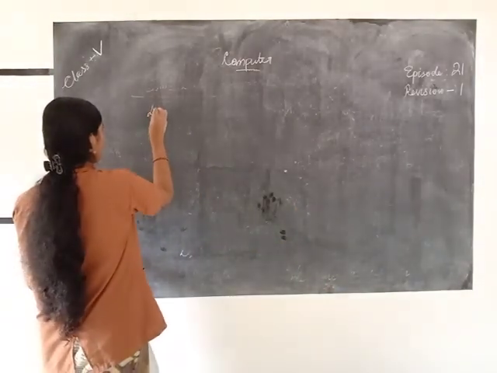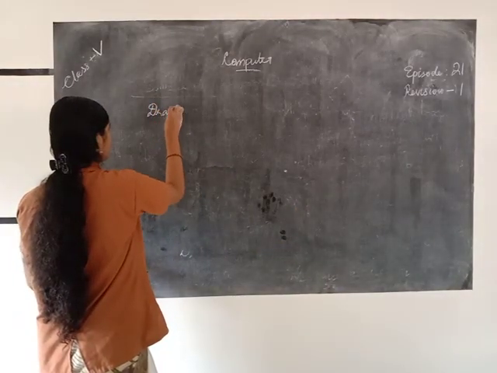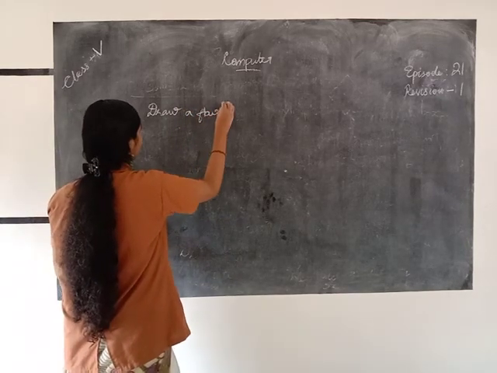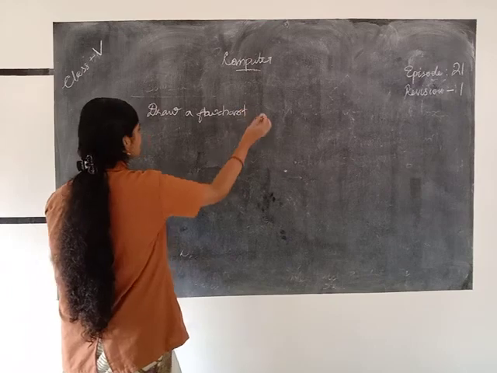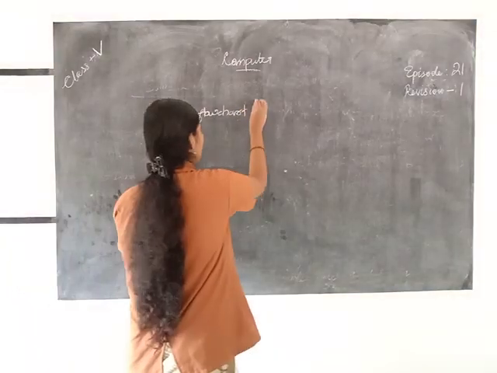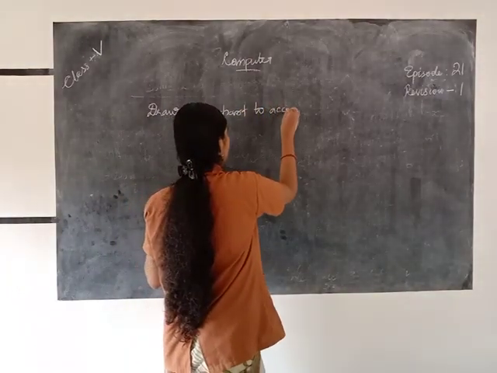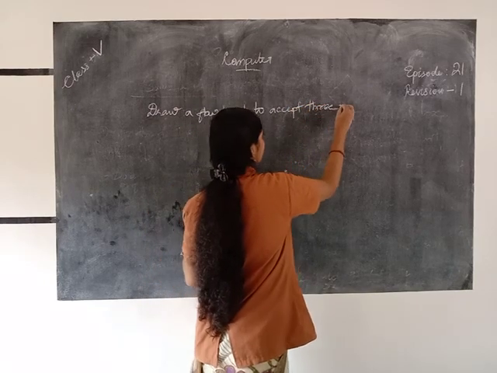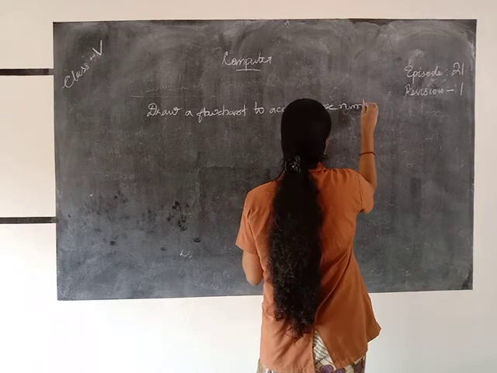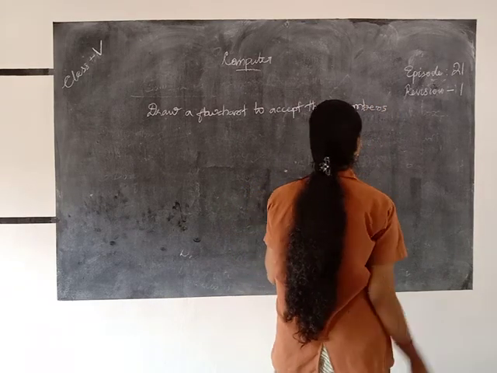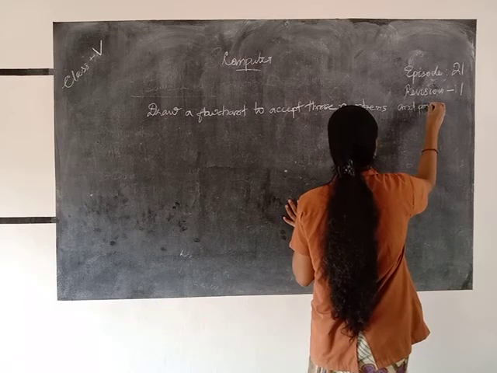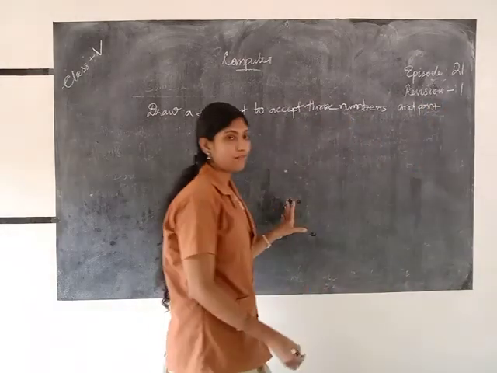Draw a flowchart to accept three numbers and print their average.